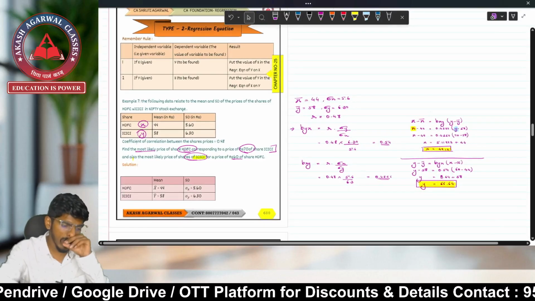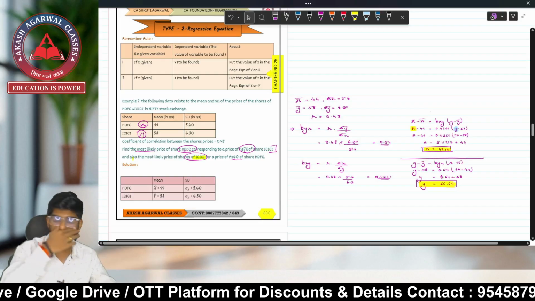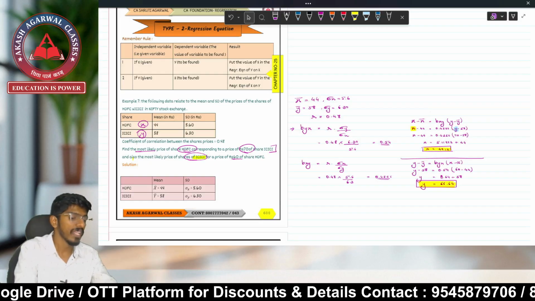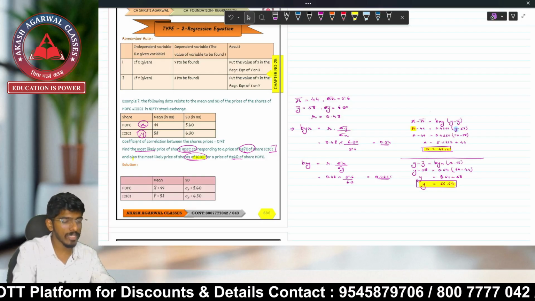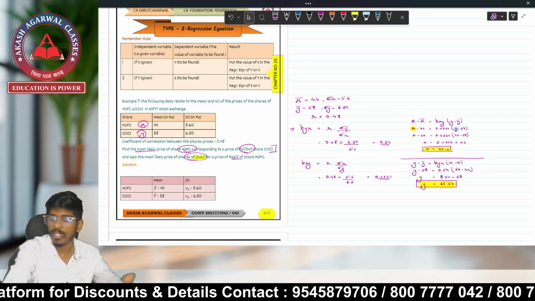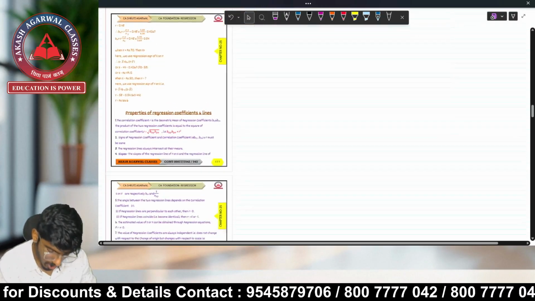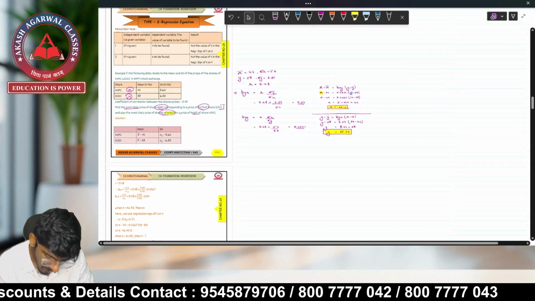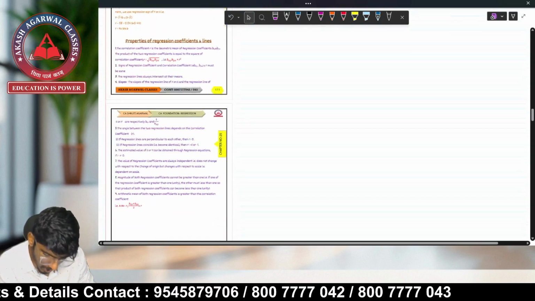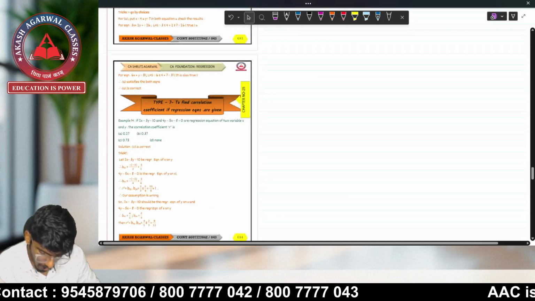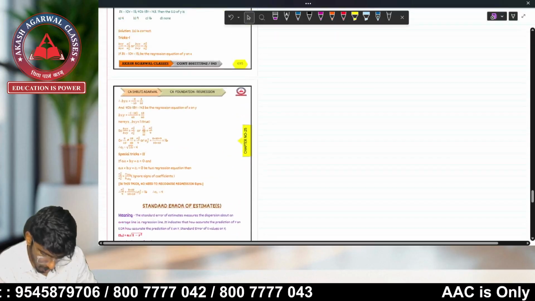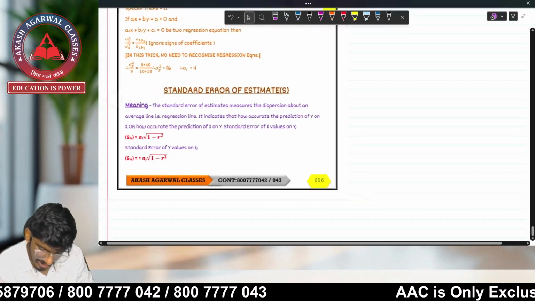In the next lecture, we are going to study some properties of regression, and then jump back to the other types and other formulas as well. After completing type 2, we are going to see some properties, and after the properties we have almost 8 types and then standard error.